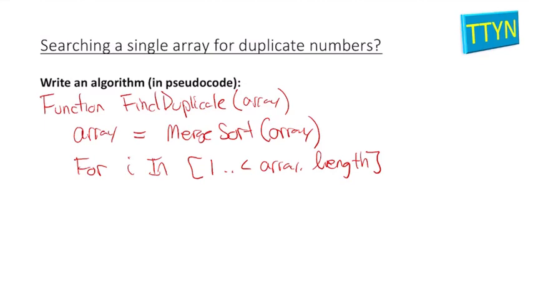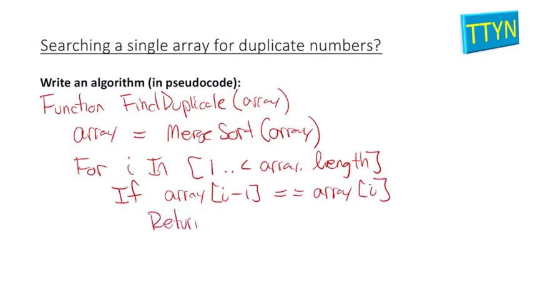So we're going to loop over the indices of the array, and we're going to say if array at i minus 1 is equal to array at i, we found a duplicate, so we'll just return true. Otherwise, we'll return false. There are no duplicates.